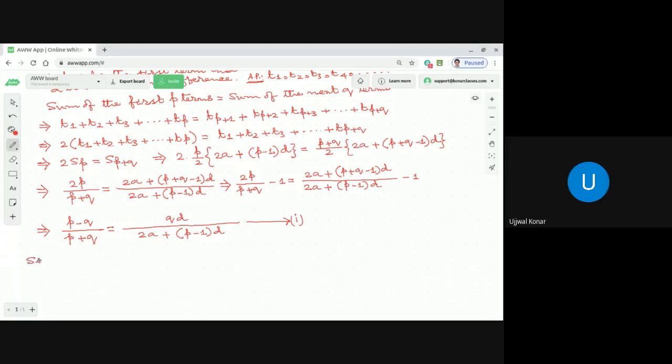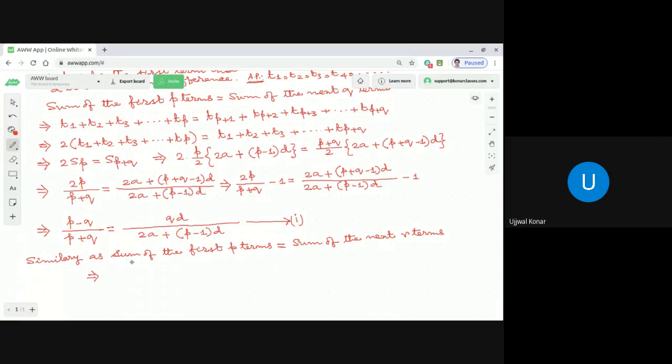Similarly, as the sum of the first P terms is equal to the sum of the next R terms, what are we going to get?